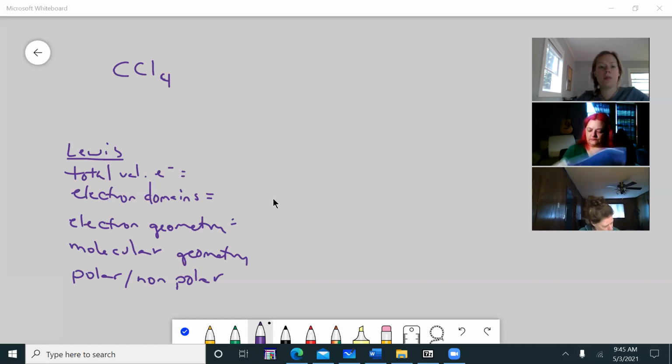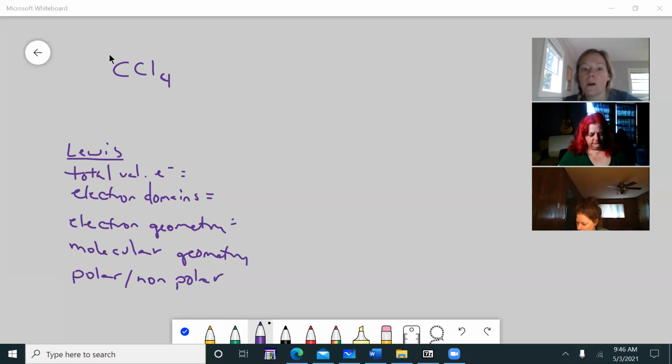Okay, so let's go over this one together and then I'll give you another. So CCl4, we want to draw a Lewis dot structure for it. I put the total valence electrons here because that helps guide you into doing the Lewis dot structure. As far as the total number of valence electrons, look at what column carbon is in.